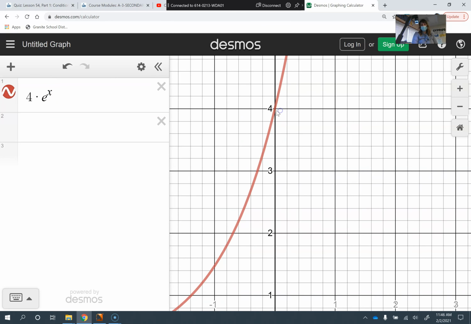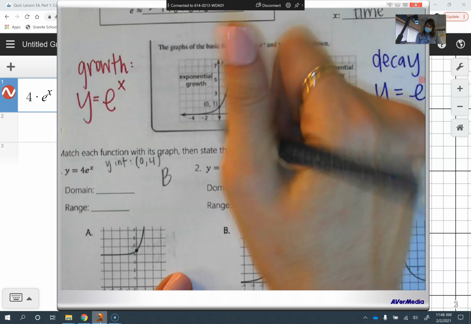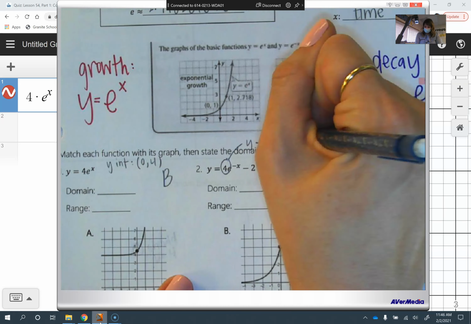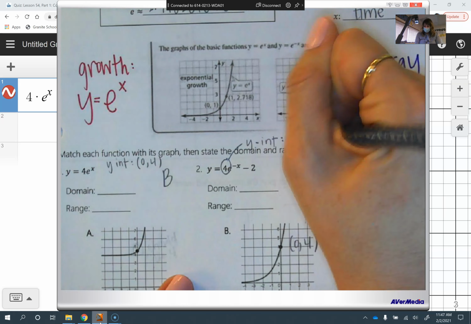Are you okay there? Okay, here's what happened on the next one. He should have gone through 0, 4. So this means your y-intercept is at 0, 4. But then this minus 2 means you shifted him down by 2.